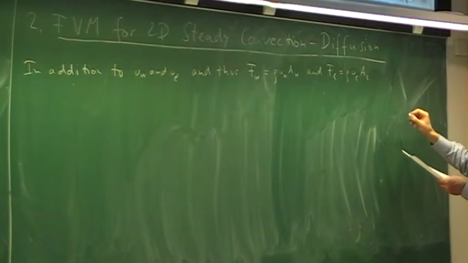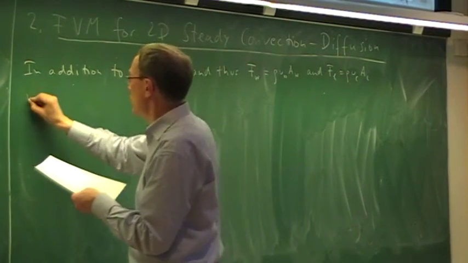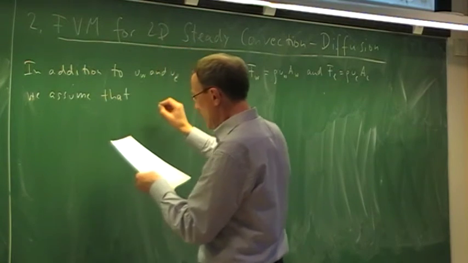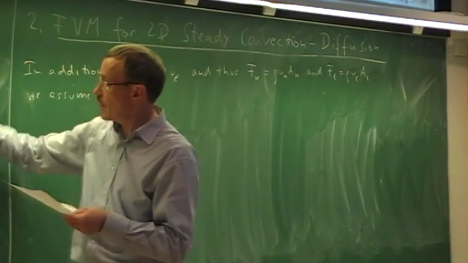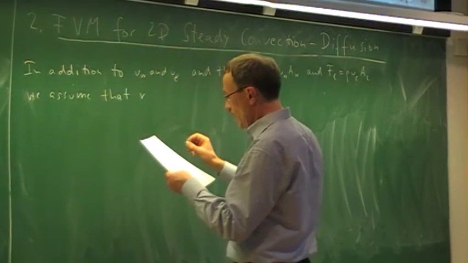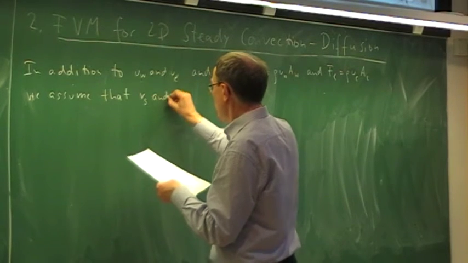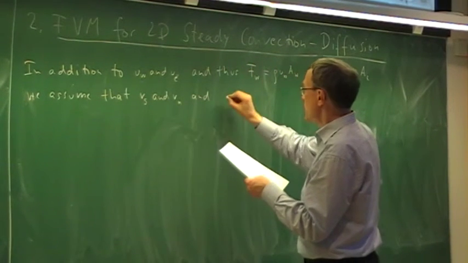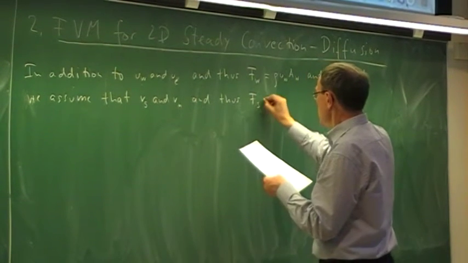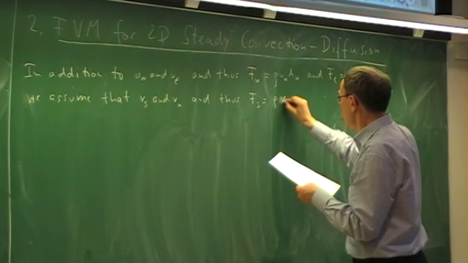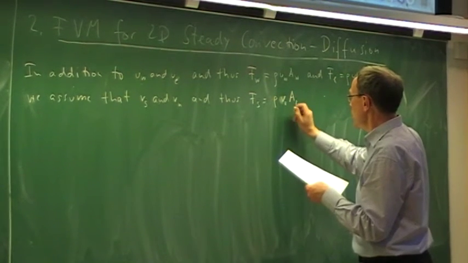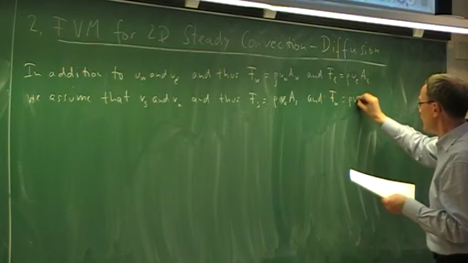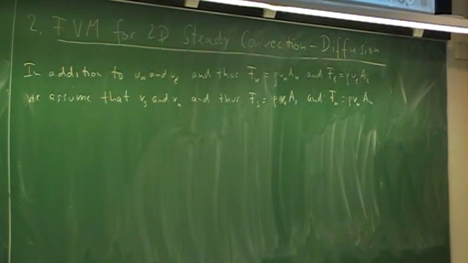But in addition we assume that the velocities at the northern and southern faces, where U is in the x direction and V is in the y direction, so we assume now that also Vs and Vn, and thus also the convective mass fluxes Fs equal to rho Vs times the area at the southern face As, and the convective mass flux at the northern face, which is Fn equal to rho Vn An, are given.